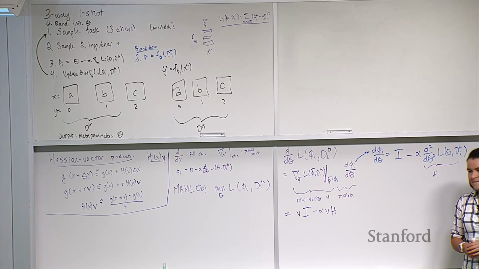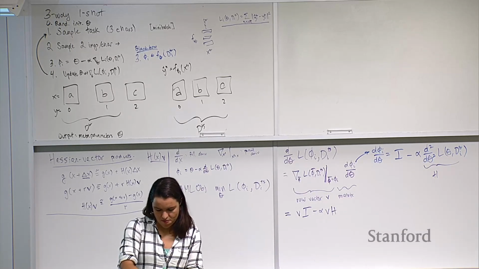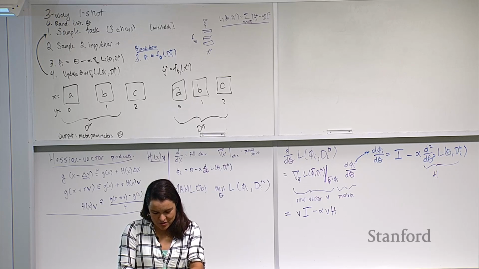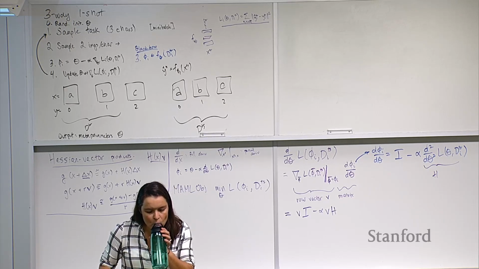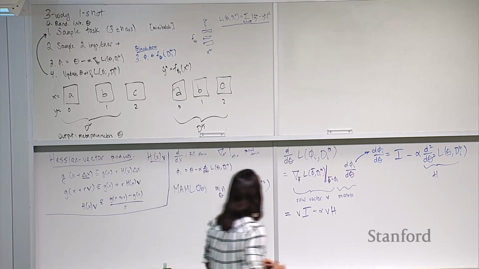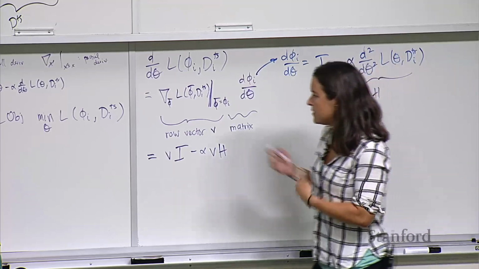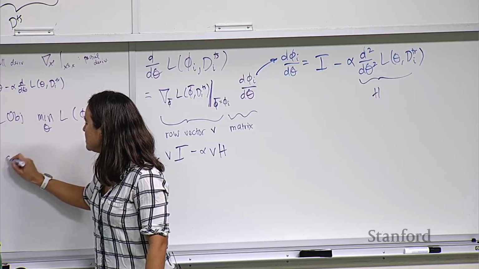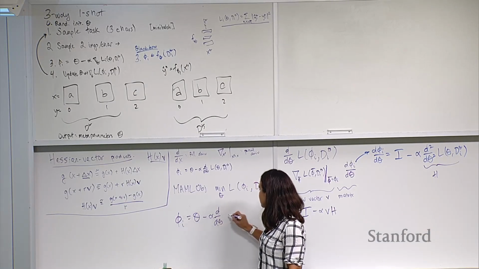Yeah? Like with multiple integrating steps, does this change at all? Yeah. So then the question is, what happens if you do multiple gradient steps? If you do multiple gradient steps, then your phi I is going to be equal to theta minus alpha d theta L of theta di train.